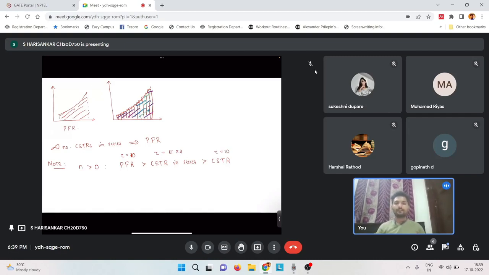So that means basically the total volume of the PFR, the CSTRs in series and the CSTR is constant here. In such a case, you'll have the best conversion in the PFR. This will be followed by a decent conversion in CSTRs in series, and then you'll have the least conversion in the CSTR compared to these three.